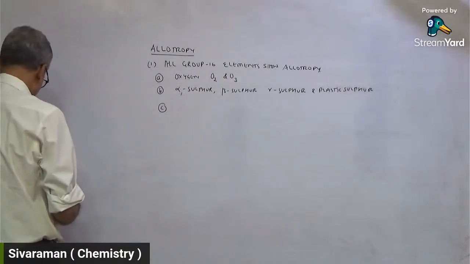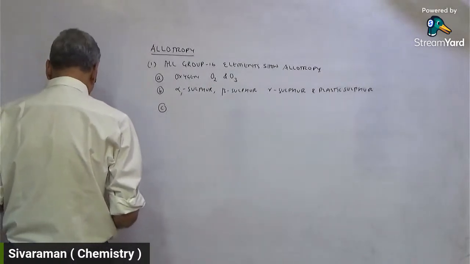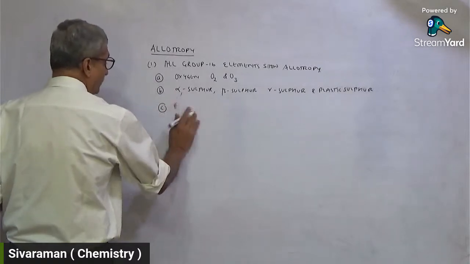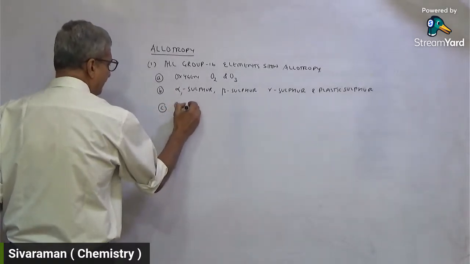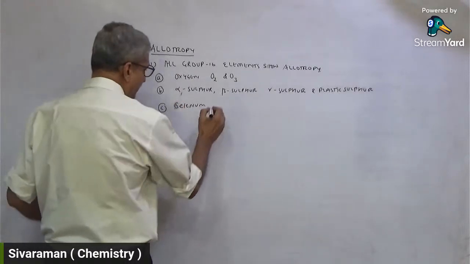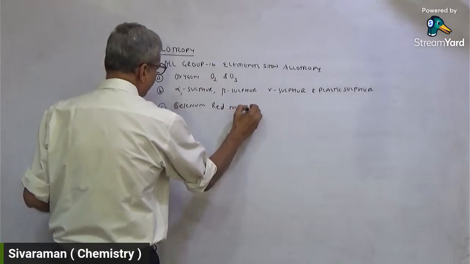Then selenium. Selenium exists in what? Red monoclinic and gray metallic.